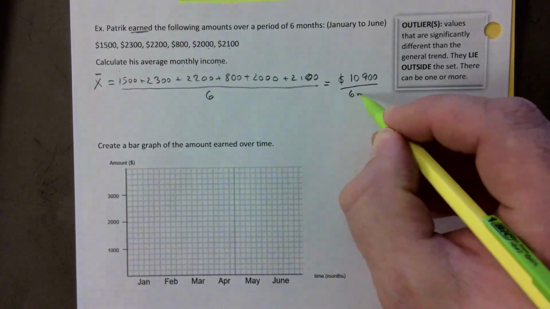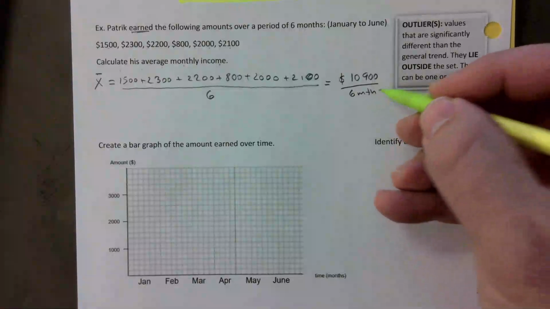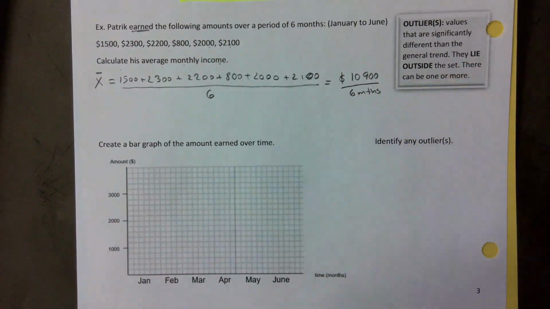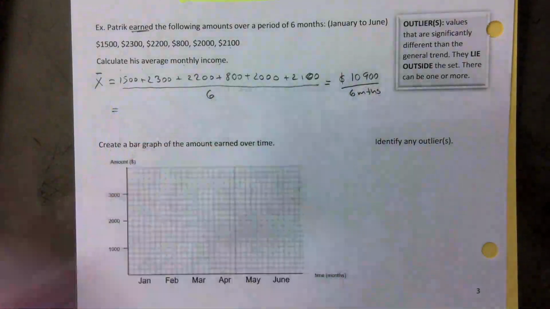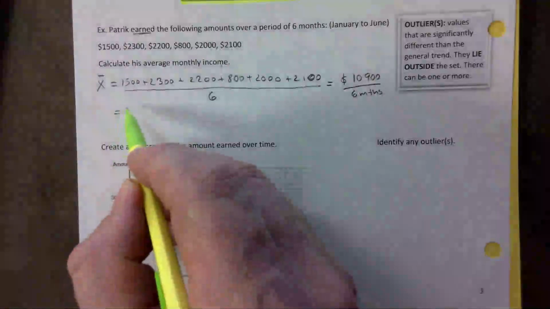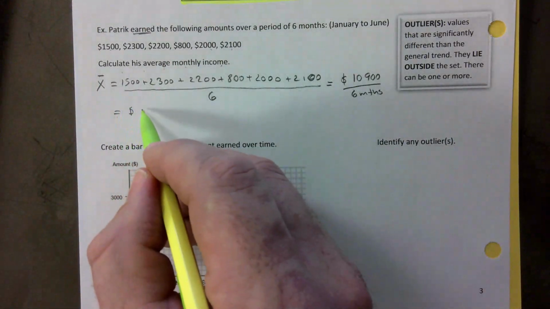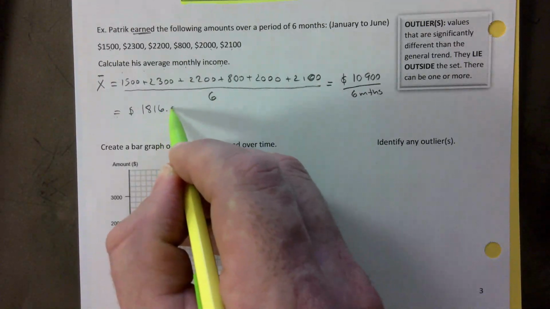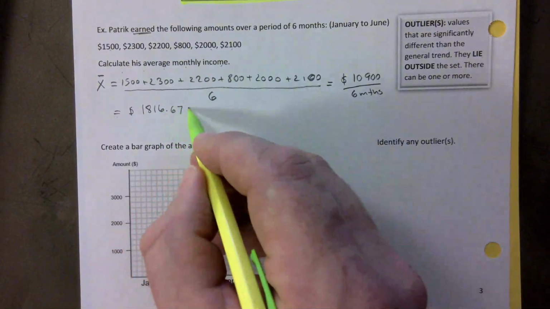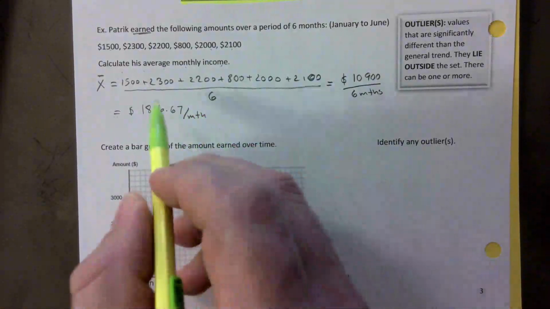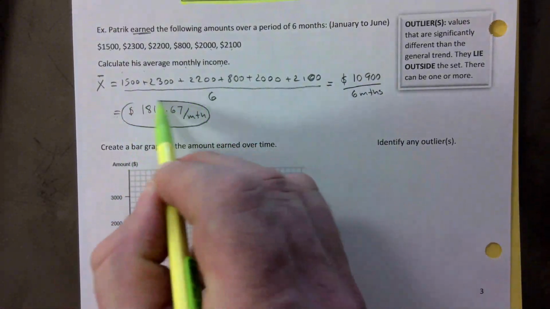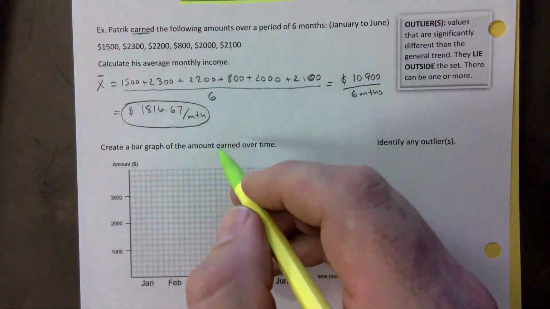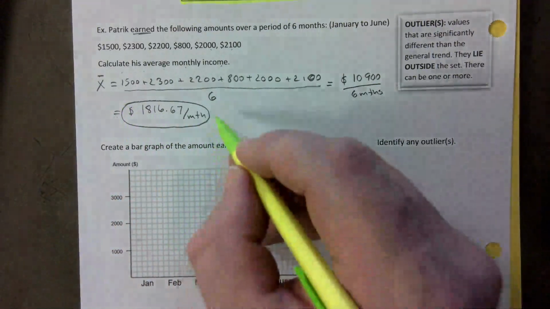And so the bottom number represents the number of months you've considered. When you divide these, you get 1,816 and 67 cents per month. This is the average monthly income.